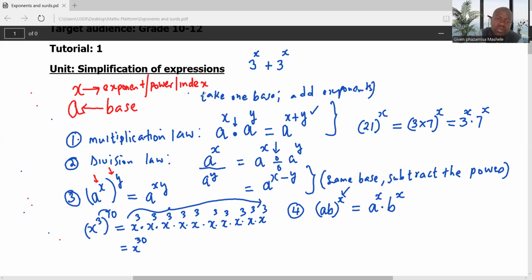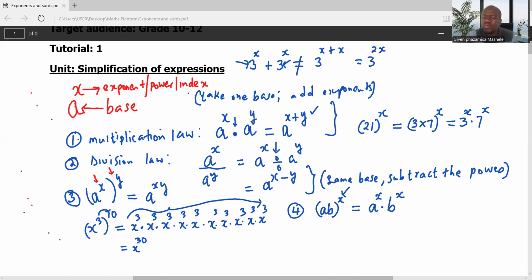But you find that in the exam, learners start doing this and say, okay, this is a base, and this also is a base. Because of this, I can say 3 to the exponent of x plus x, which is 3 to the exponent of 2x. This is wrong. It is not true.